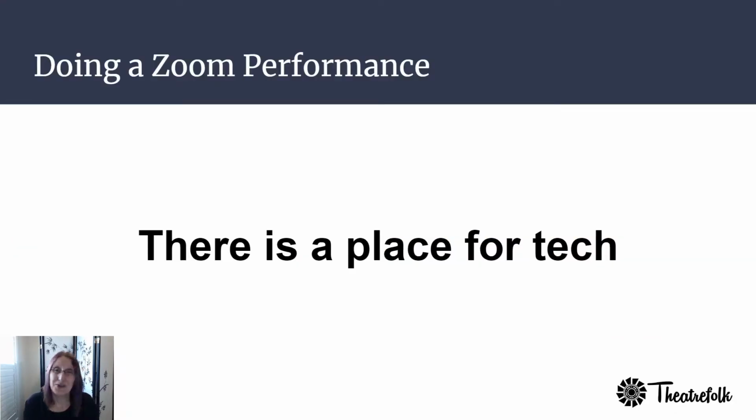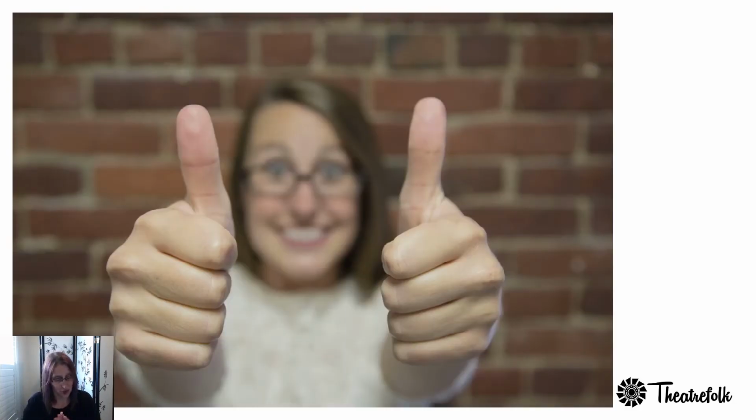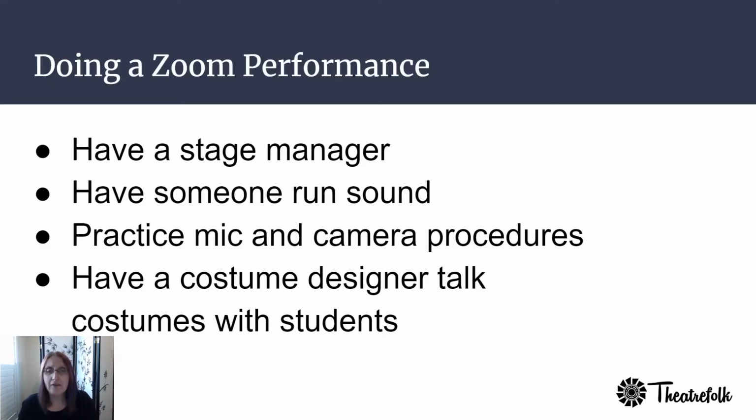Tip number 2. There is a place for tech. It's different, but don't push tech to the side. If you can, have a stage manager who gives silent gesture cues. Thumbs up means go. Have someone run sound. Have your stage manager be the one who leads sessions where actors practice mic and camera procedures, which I'm going to talk about in a moment.